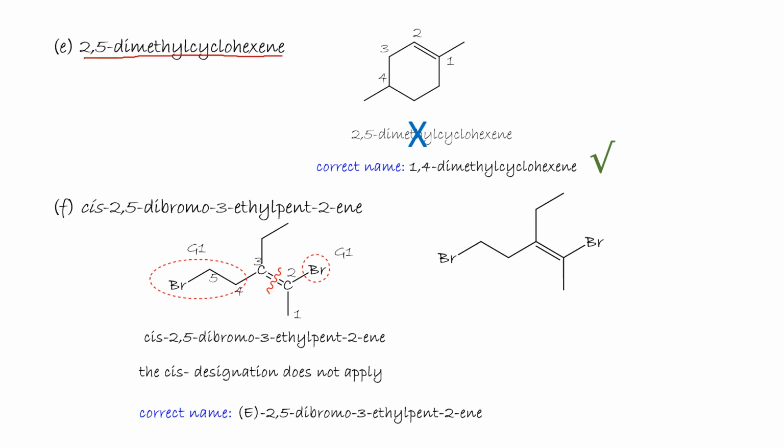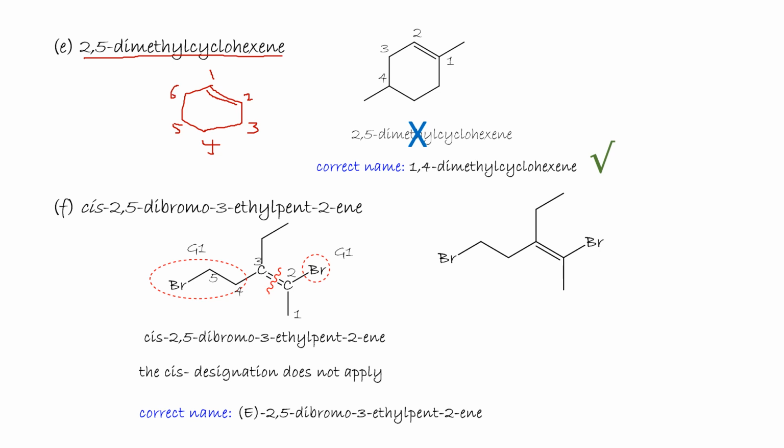2,5-dimethyl cyclohexene. Cyclohexene, 1, 2, 3, 4, 5, 6.